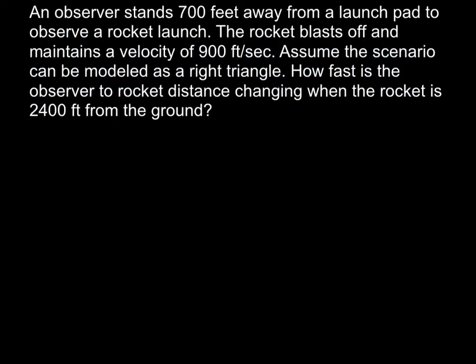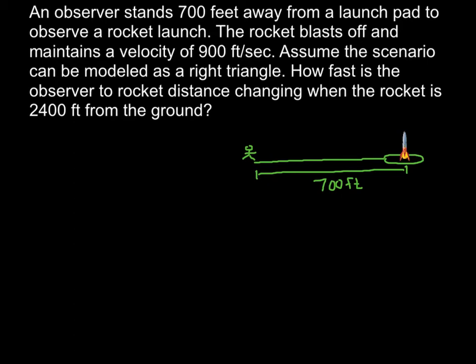For this problem, we're dealing with an observer watching a rocket blast off from a launch pad. So let's first draw what we see. We know that the observer stands 700 feet away from the launch pad. And then we know that the rocket blasts off and maintains a velocity of 900 feet per second.